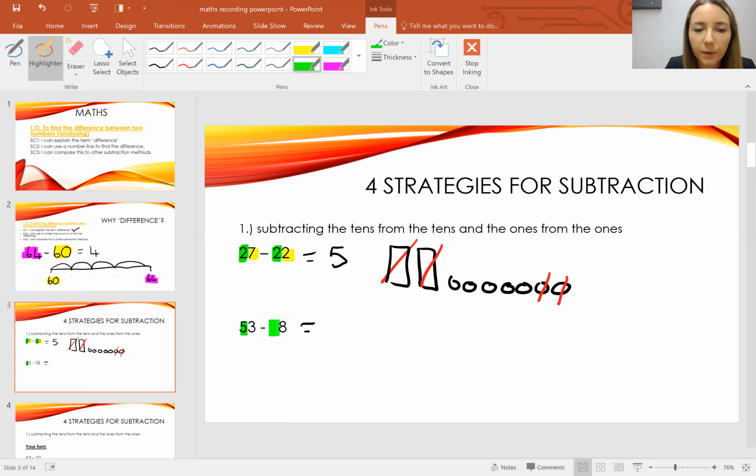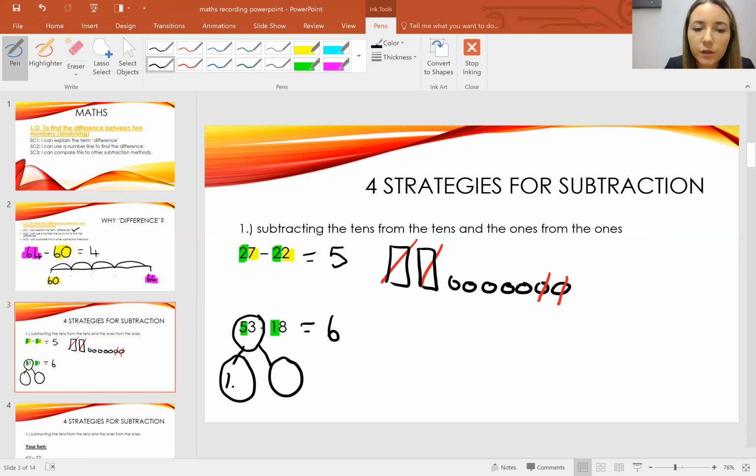5 tens take away 1 10 equals 4 tens, and 3 ones take away 8. We've realised we need to regroup. So if you're using the abstract, you are repartitioning your 53, taking one of those tens away to regroup it into the ones column.